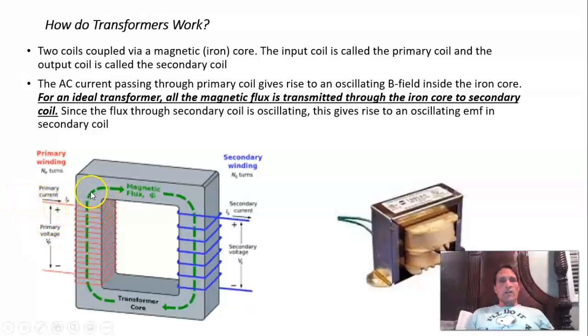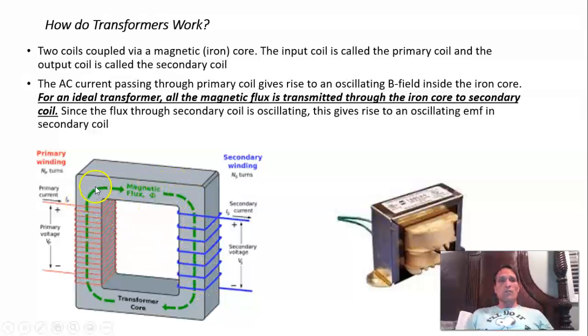Okay, well, that's going to generate a large magnetic flux, right? Because you have a large current going through this coil, and so that's going to generate a large magnetic field, which means a large flux, okay? Now, the purpose of this iron core here is to trap all of the flux in the iron, so that it all gets coupled to this secondary coil.